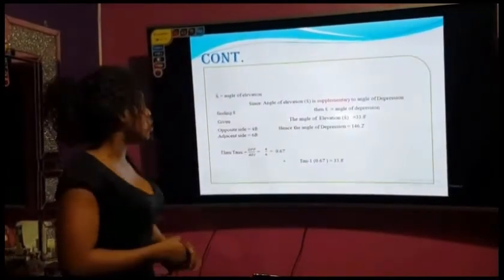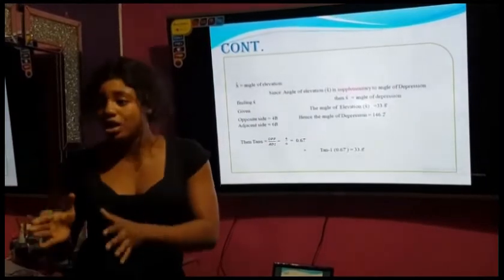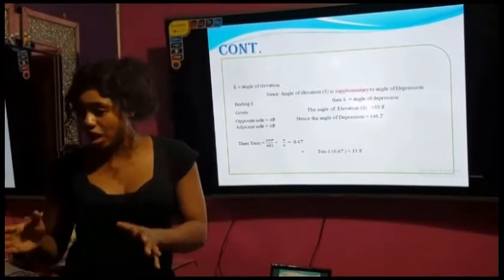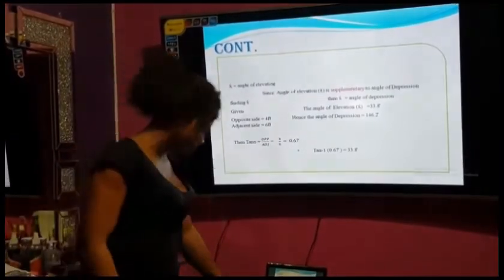Alright, Group C students, that's your misconception, because the angle of elevation and depression are not supplementary to each other. They are alternate.